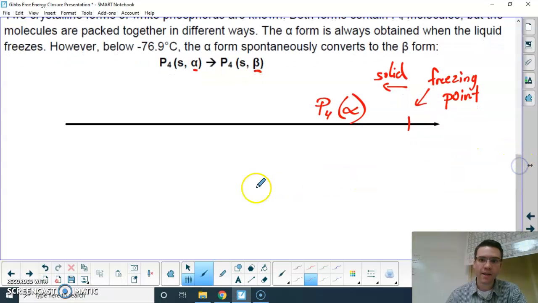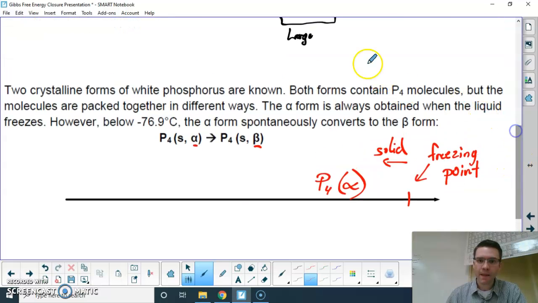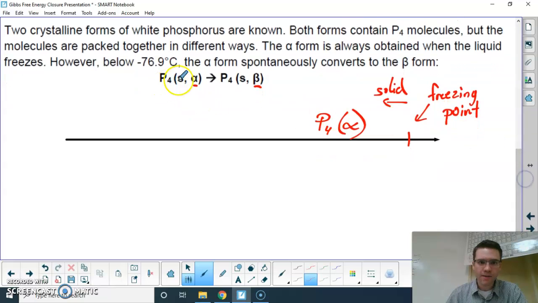So you could write the equation, I'll write it up here, P4 liquid going into P4 alpha is spontaneous only at low temperatures. But the one that we're caring about is the alpha going to beta.